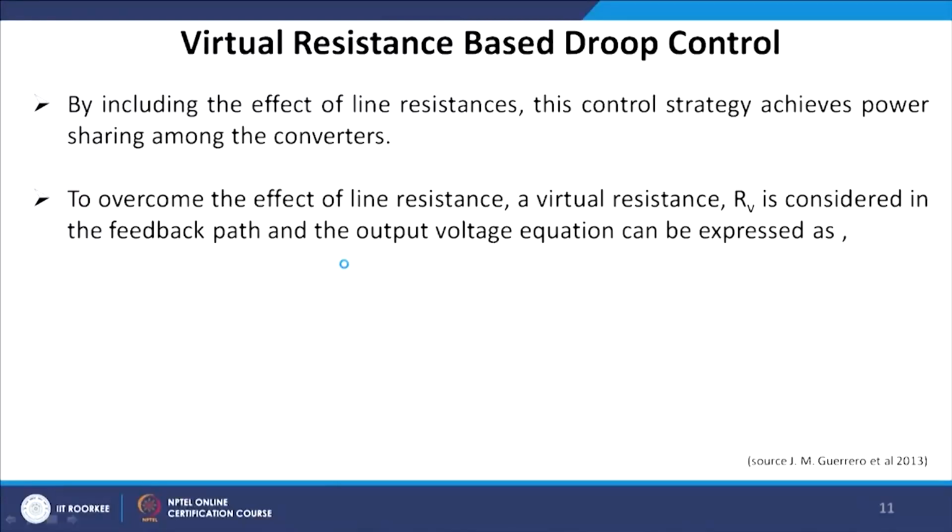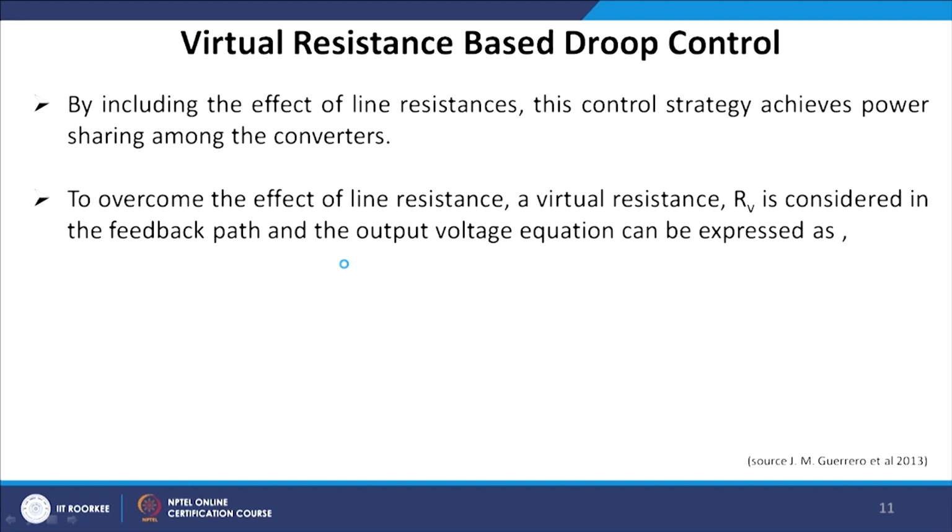If you generate P kilowatt of power, when it reaches another node it is P minus the drop. The current flowing in each cable is not easily known, and hence predicting the generation mix to meet the load, considering the cable resistance and line drops, becomes a challenge. By including the effect of line resistances, this control strategy achieves power sharing among the converters.